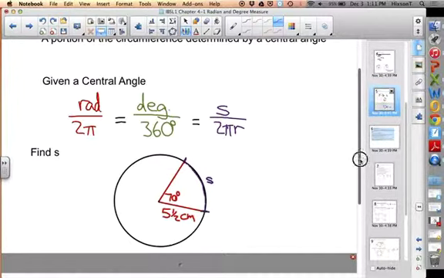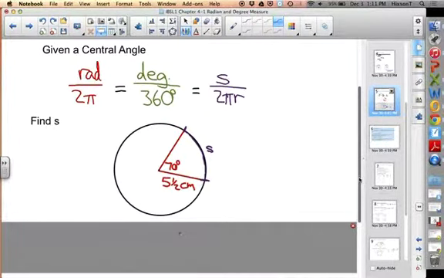As an example here, I give you a circle where the radius is 5.5 centimeters and our central angle is 70 degrees.